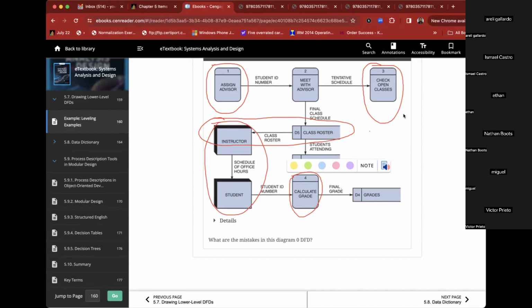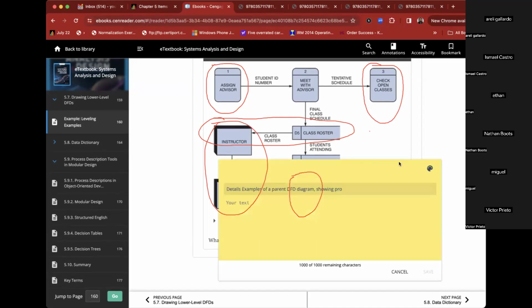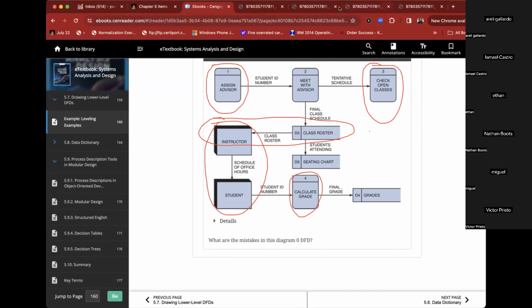Okay, so we have two data stores trying to talk to each other. That's also a problem. So how many problems did we identify so far? 6. We go 1, 2, 3, 4, 5, 6. Okay. Which one is missing? So both seating chart and grades just kind of go nowhere.